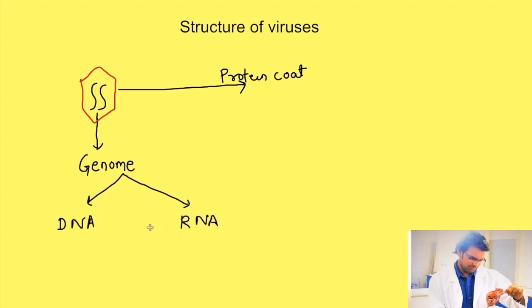This is in contrast to all other organisms, which have both DNA as well as RNA. The capsid is basically proteins arranged in a symmetrical manner, forming a protective shell for the nucleic acid.